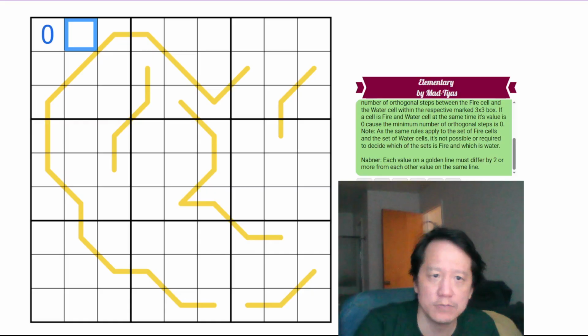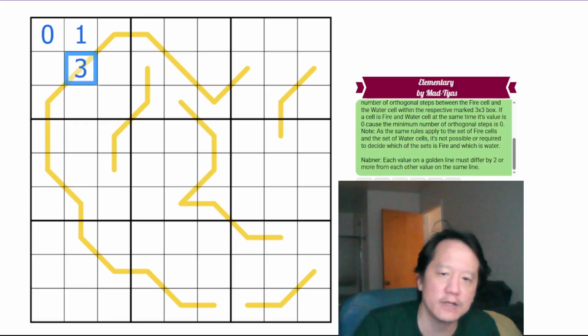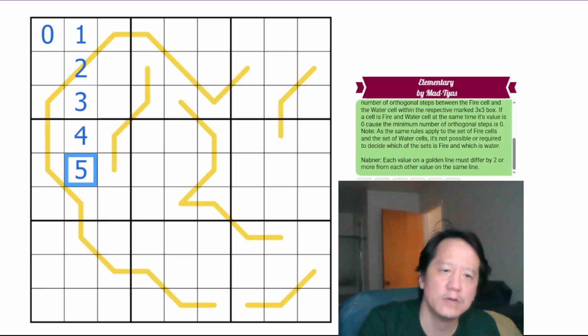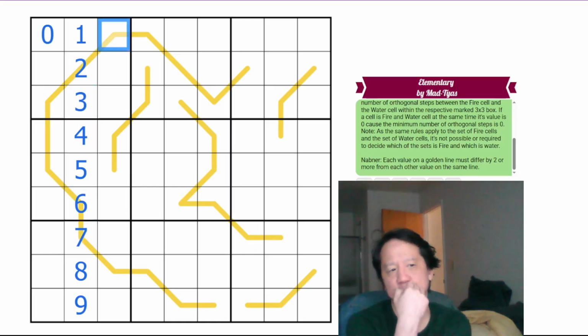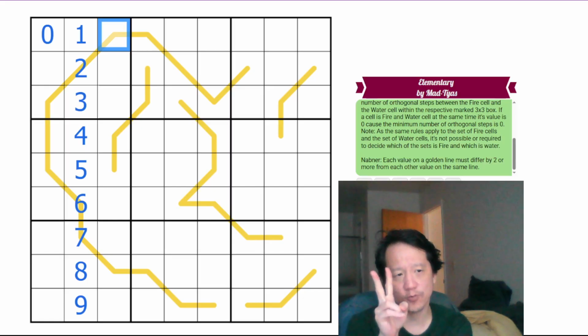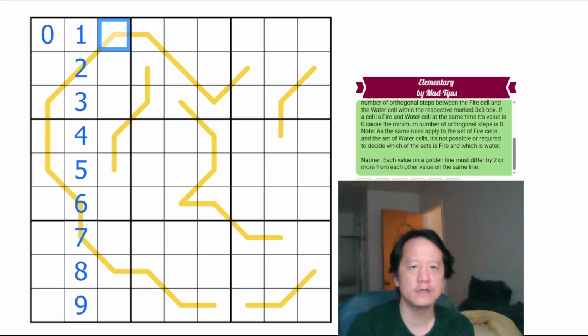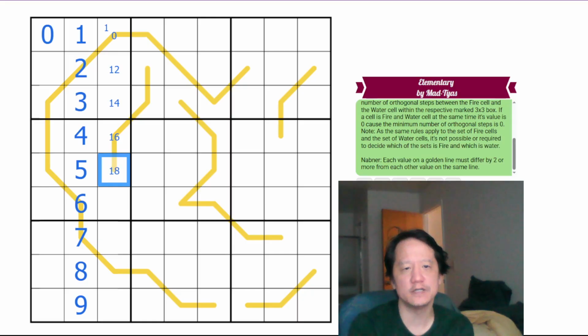So there's 0. You have 1 through 9. For a step that's 2 away, 1 away doesn't help at all. 2 away gives you the potential of 10, 12, 14, 16, and 18.